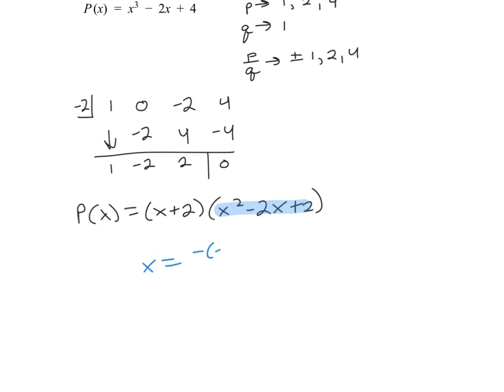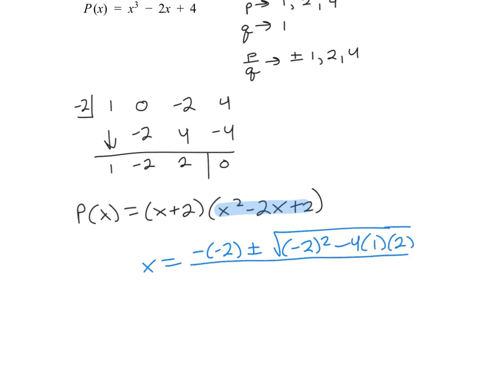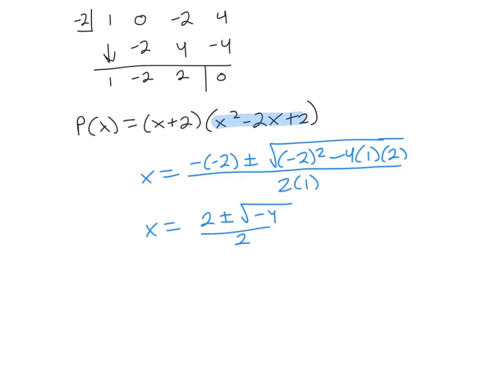So I'm going to do a little quadratic formula here. x equals -b plus or minus the square root of b squared minus 4ac, all over 2a. So I have 2 plus or minus, and here I have 4 minus 8, so it becomes -4, all over 2. You'll see here that I end up with an imaginary number.